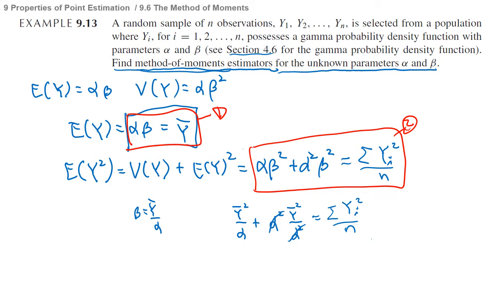So this is y bar squared times (1 over alpha plus 1), or let's put it this way.